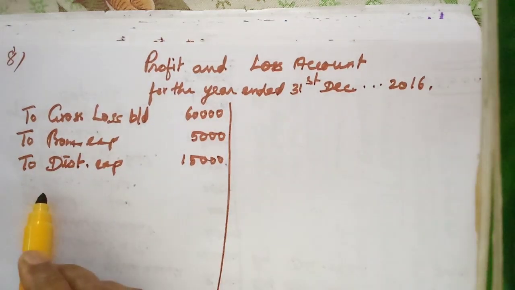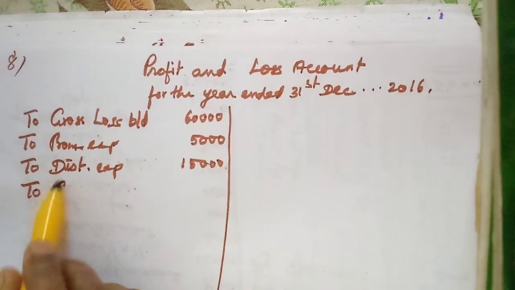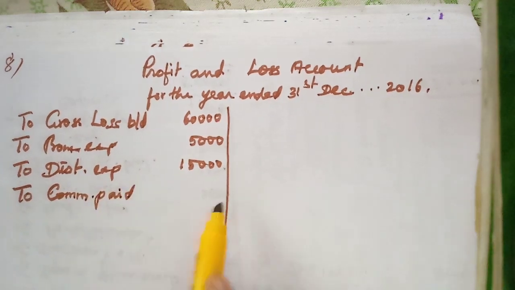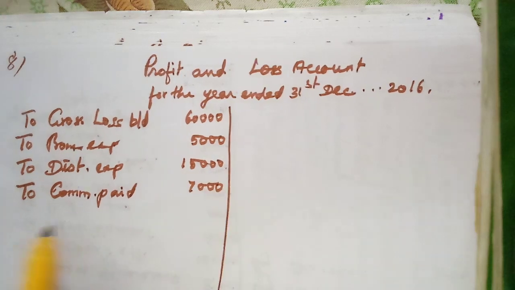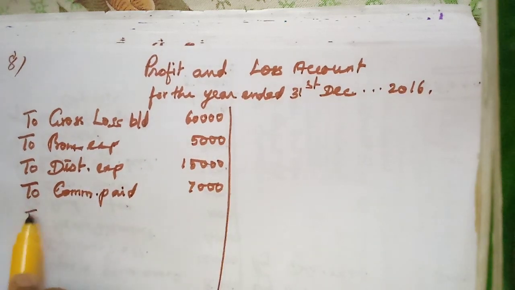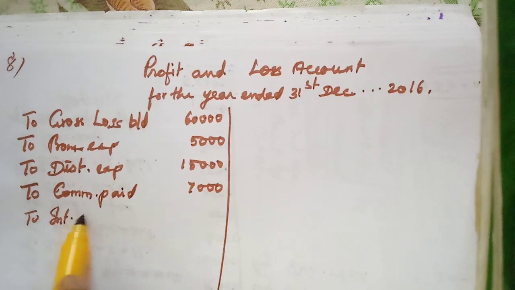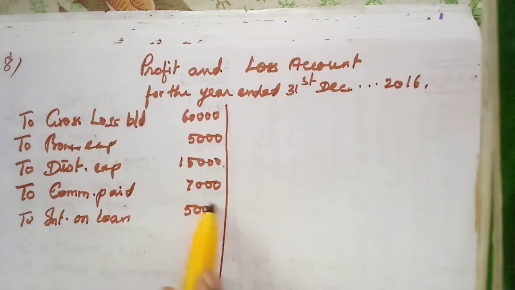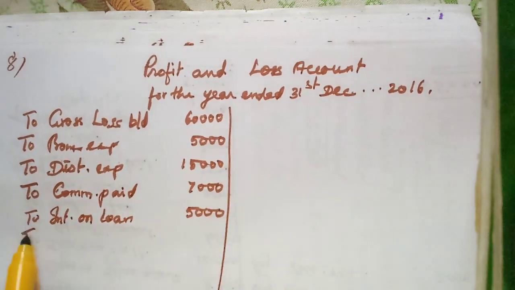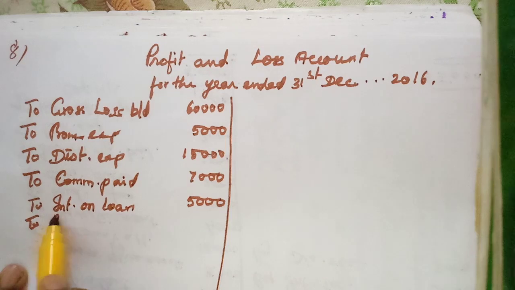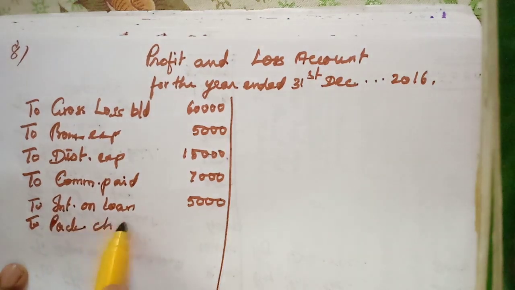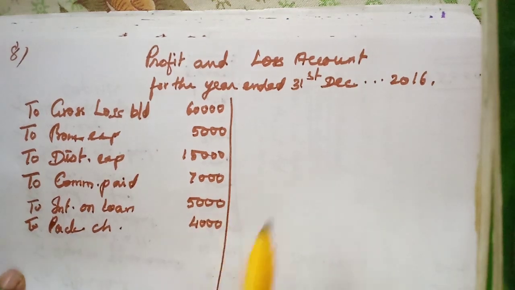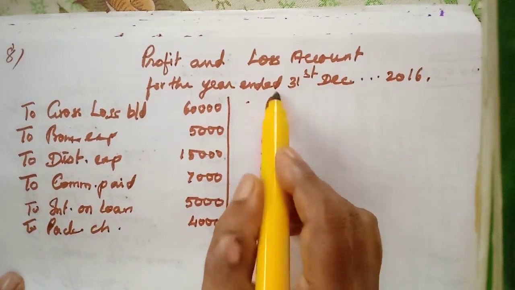Okay, then commission paid 7,000. Interest on loan paid 5,000. Packing charges 4,000. Dividend received, so it is an income, isn't it?